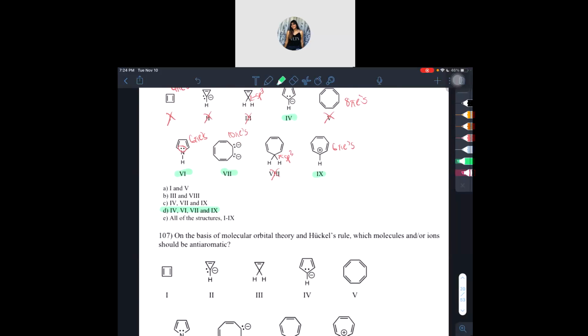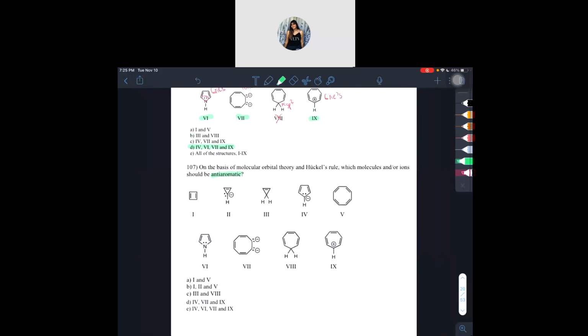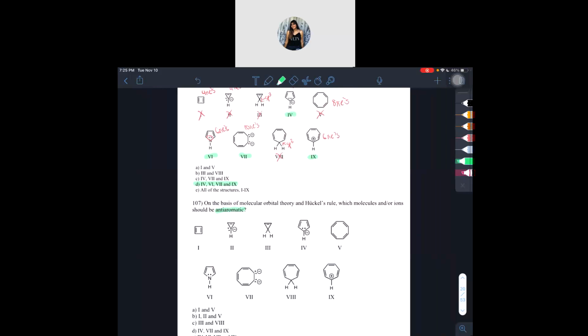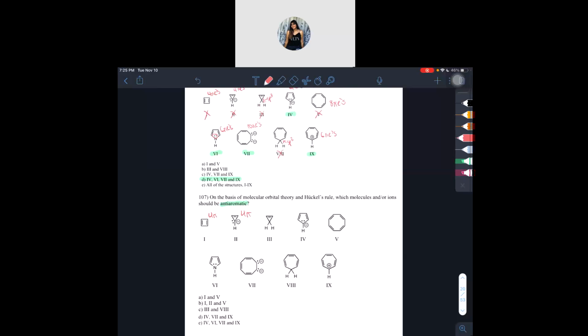All right, I will zoom out at the end. Just give me a second. Let me run through these. So careful, this one is talking about anti-aromatic. They literally give you the same exact molecules as before. So as long as you remember those from before, you should be pretty set. This one has 4 pi. This one also had 4 pi. And then anything past 6 doesn't matter.